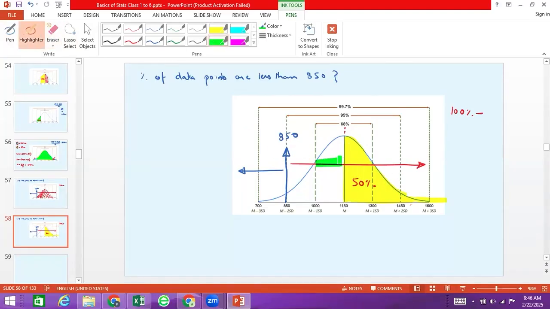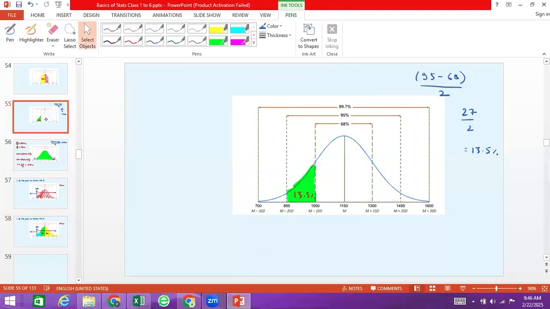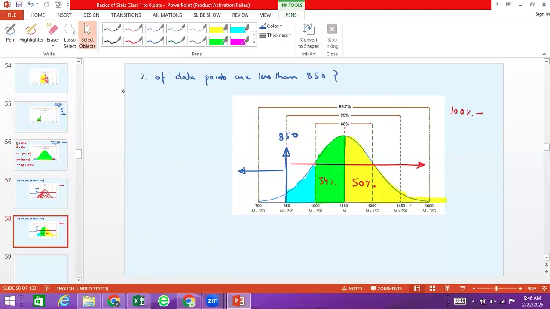How much is this green region? 34%. Nice, right? And how much is this shaded region? 13.5, right? So we are saying this is 13.5.